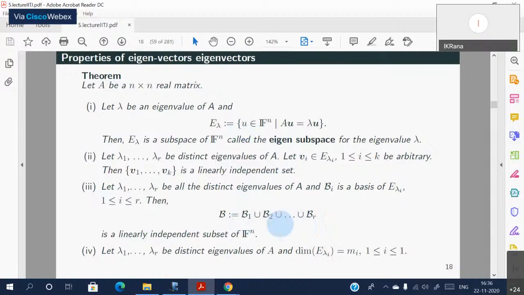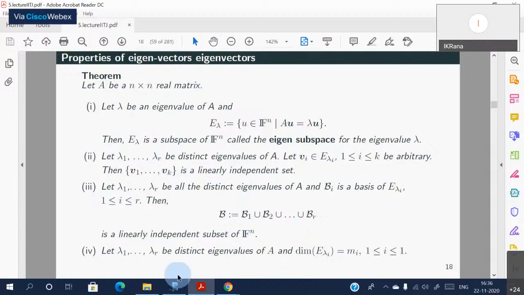Each one of them is itself independent because they are basis elements. And B1, B2 are independent of each other because the eigenvalues are distinct, because of 2. So this is a linearly independent subset of F^n and consists of eigenvectors. How many are there? That is going to be the real problem later on.